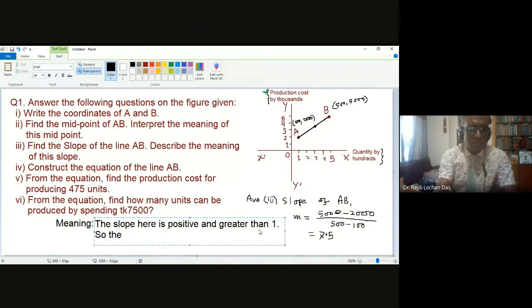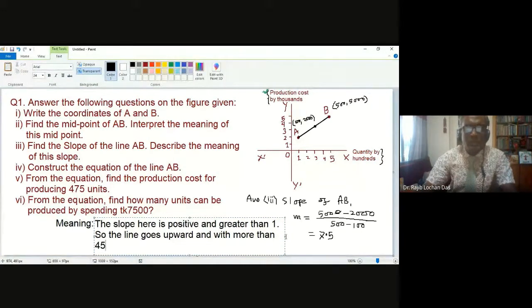So the line goes upward with more than 45-degree angle.